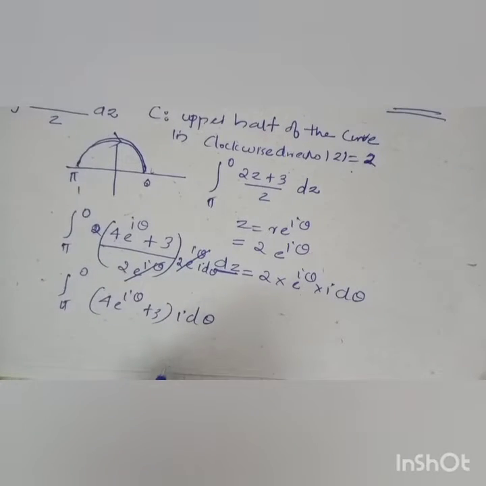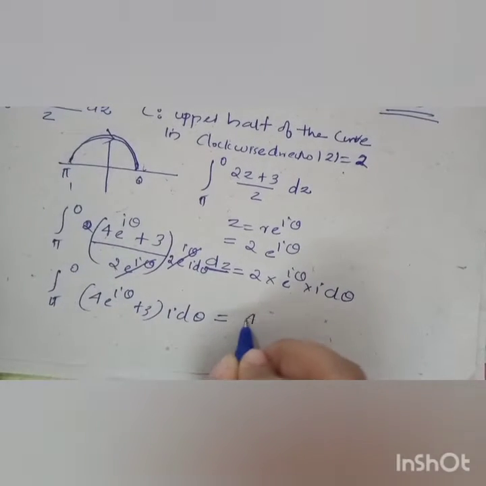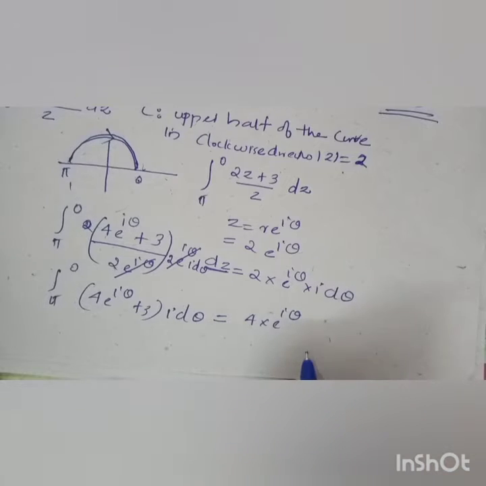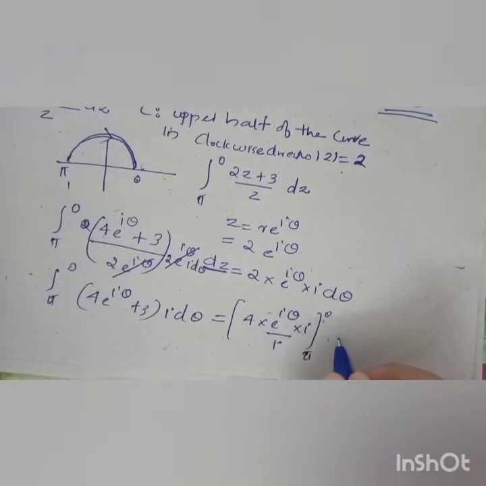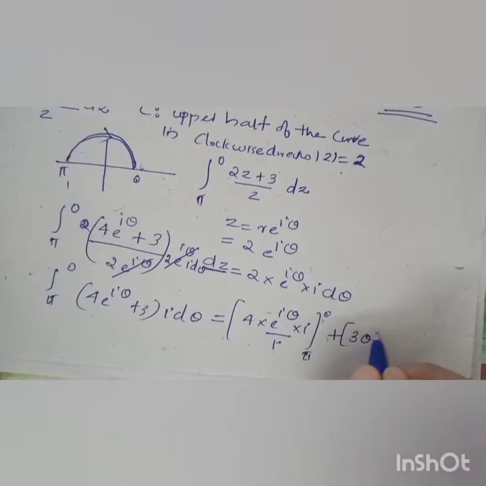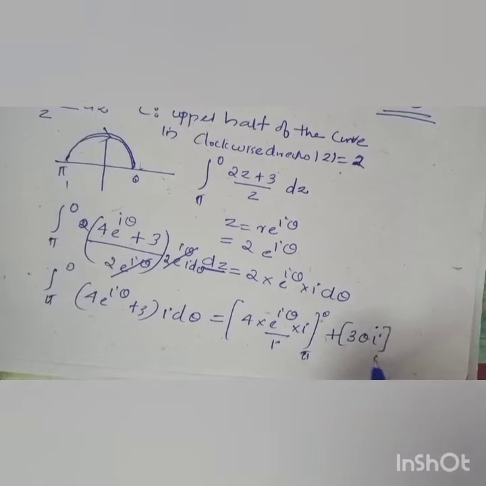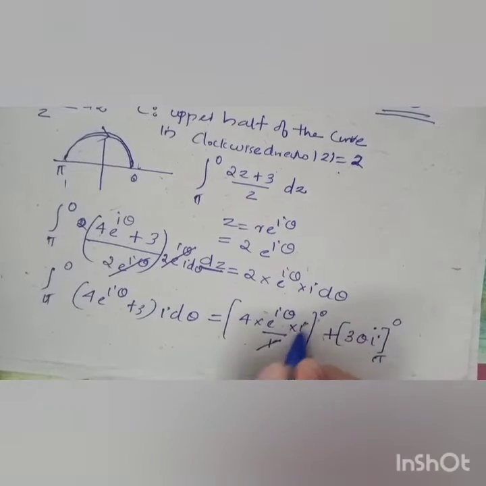Okay, so we have to integrate this. So this is 4 e raised to I theta divided by I, and there is I also, from pi to 0, plus 3 theta, there is also I, pi to 0. I cancels.